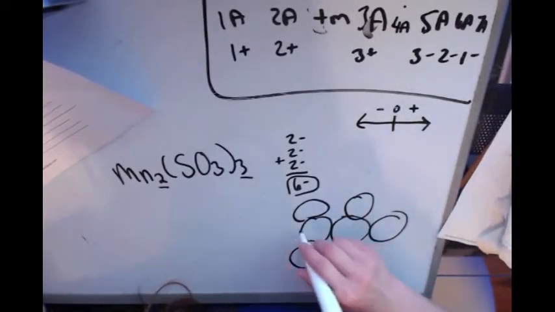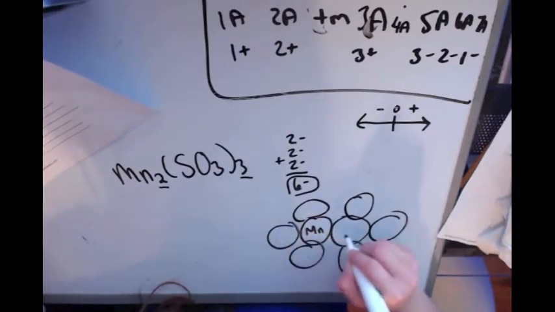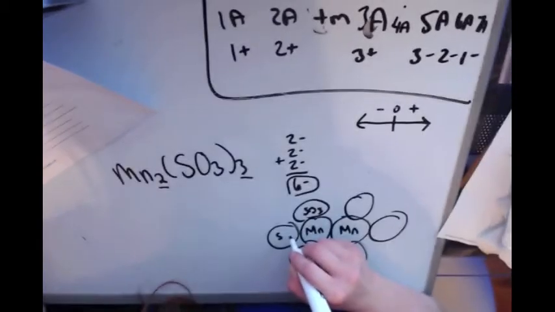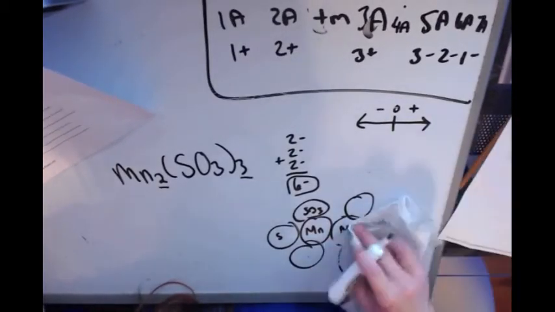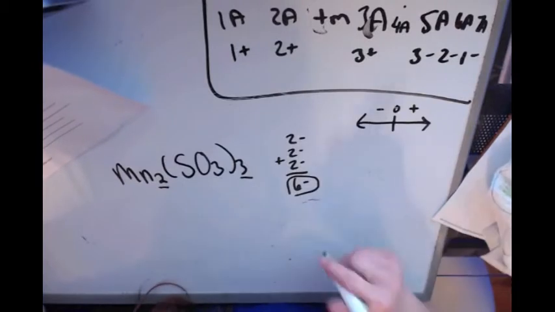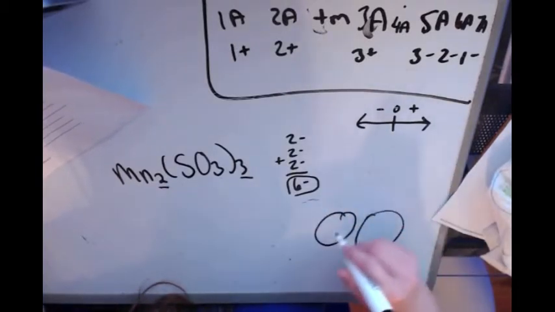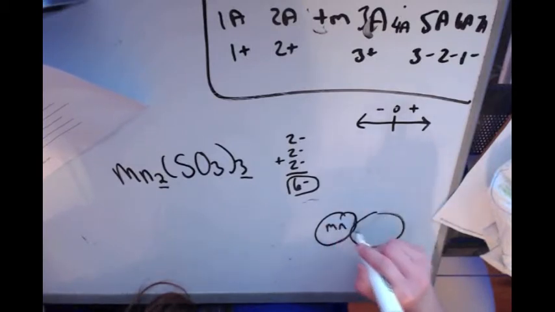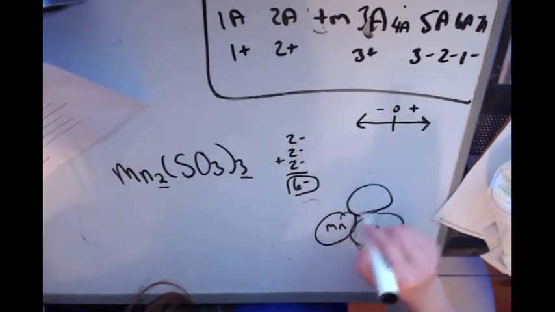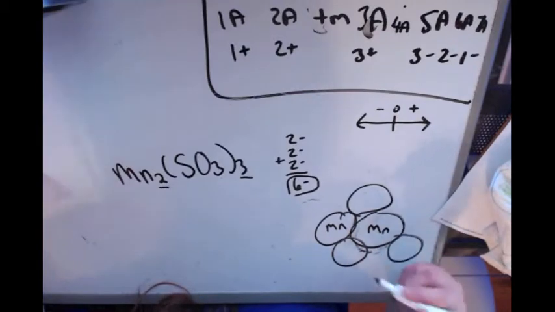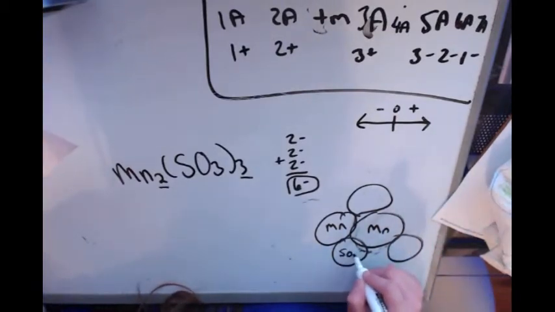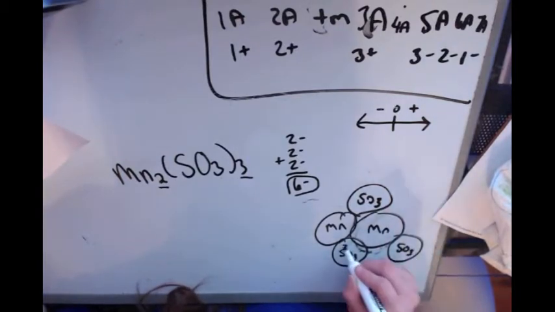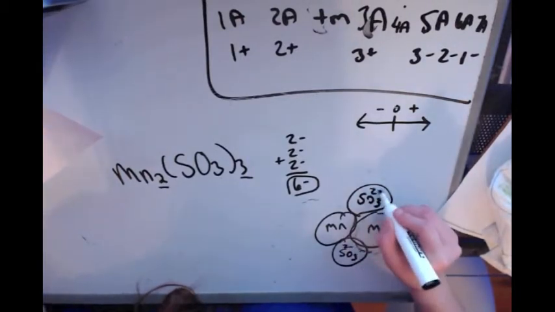This is not really how it would bond. This is just to give you a visual. So 2 minus, 2 minus, 2 minus.